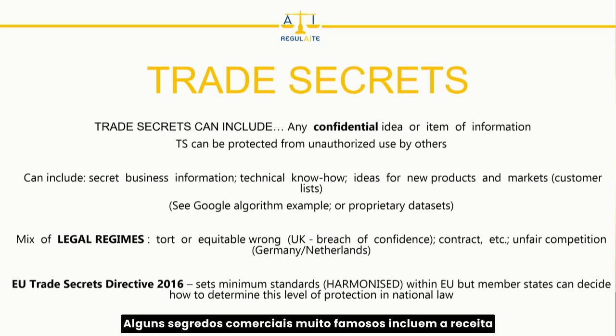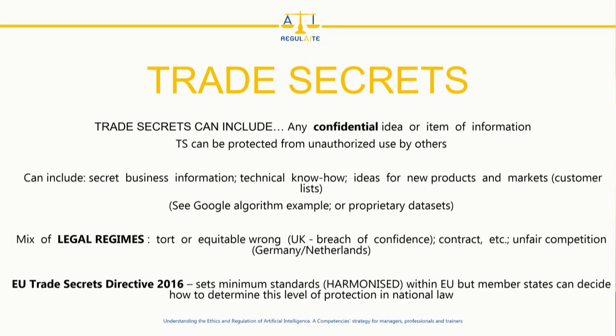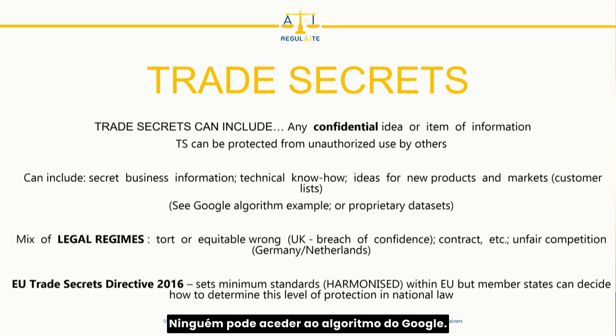Some very famous trade secrets include the recipe for Coca-Cola and the Google algorithm. Nobody is able to access the Google algorithm. It's kept within the company. Not everybody within the company has access to it, let alone people outside.